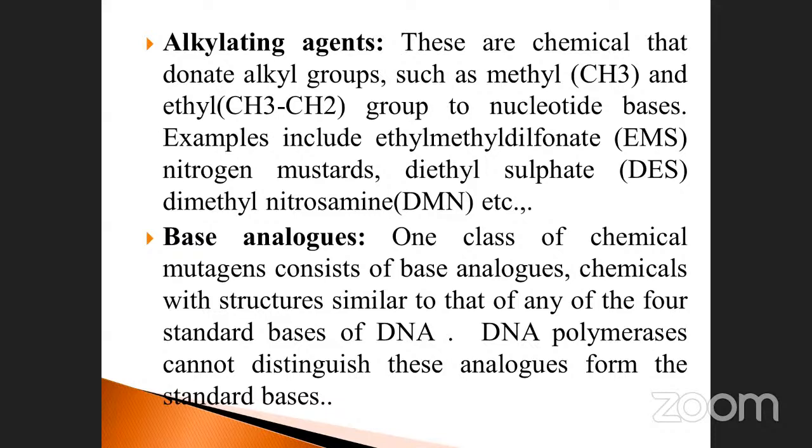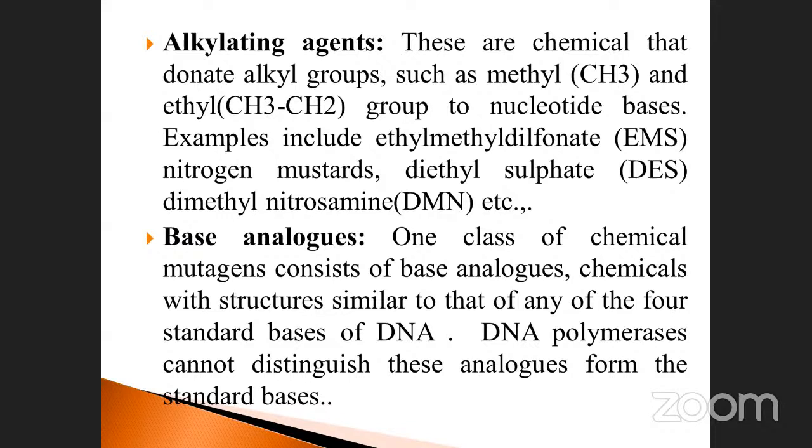Examples include ethyl methanesulfonate (EMS), nitrogen mustards, diethyl sulfate (DES), and dimethyl nitrosamine (DMN), etc. These are the alkylating agents. Alkylating means donating the alkyl group. That is very, very important in this part.